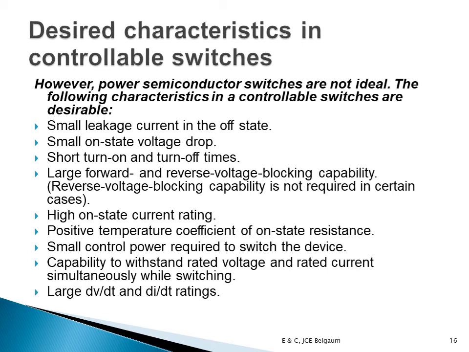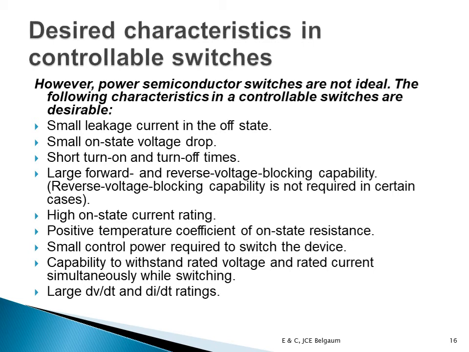Large dV by dt and di by dt rating. This is another term you will be learning. dV by dt is nothing but the rate of change of voltage with respect to time. When the switch is turning on or turning off, the voltage is going to go from high voltage to low voltage if I am turning the switch from off to on.